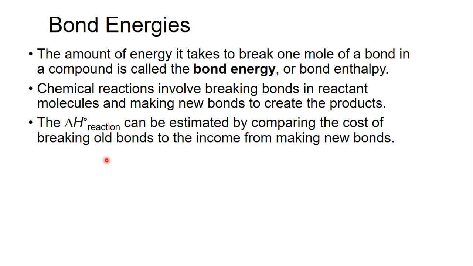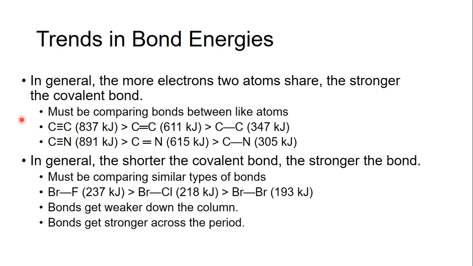By looking at how many bonds you're breaking and how many bonds you're forming, you can calculate delta H of the reaction, which, if you remember from previous chapters, is the enthalpy of reaction, or the heat absorbed or released.